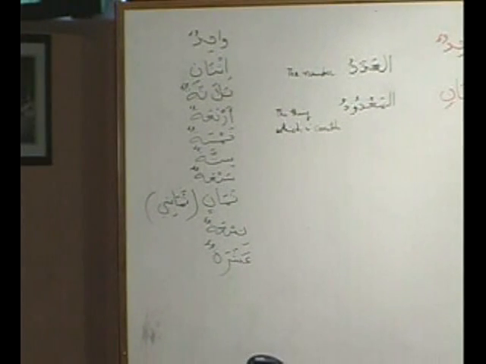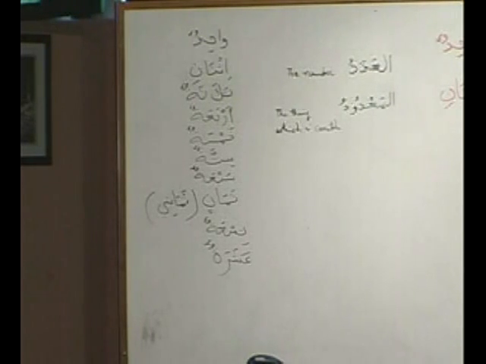On this side, I have written Wahid, Ithnani. The way they pronounce, they won't say Wahidun. They'll say Wahid. And then Ithnani. Do you see Ithnani? What do you see in the Hamza?